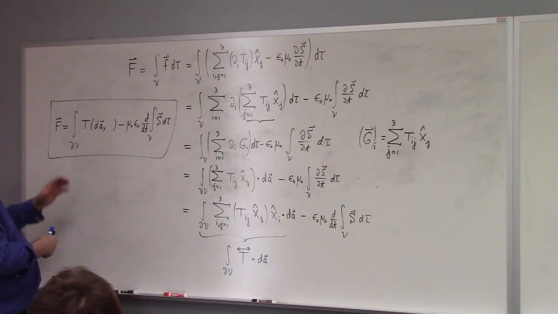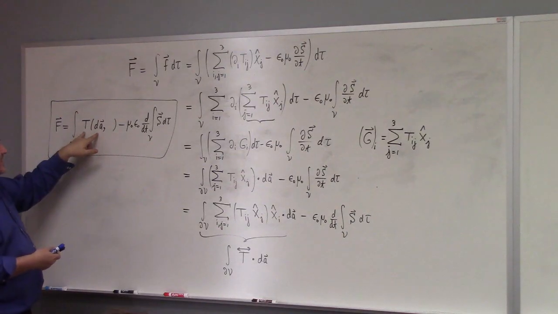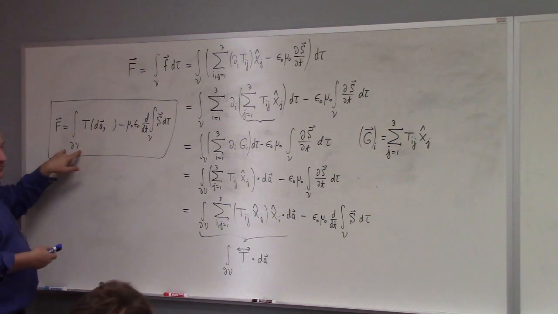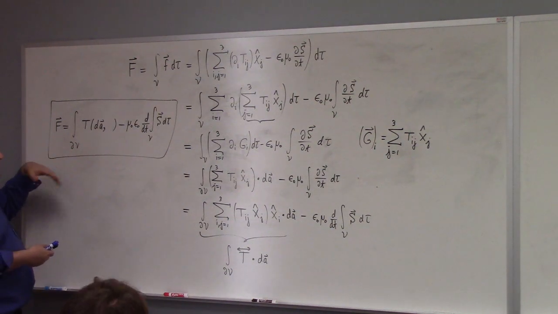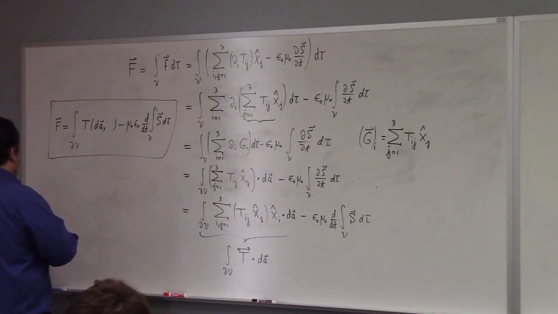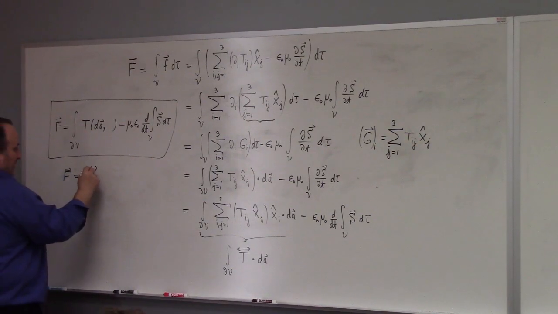And that's what's going on here, because the force is a vector, so this leaves us with a vector that we're integrating, but it's taking into account how the stress energy tensor interacts with the surface that bounds the volume we're trying to find the force of the charge in. Now, the really cool thing about all this is that we know what F is equal to, right? F is equal to the change in momentum with respect to time.